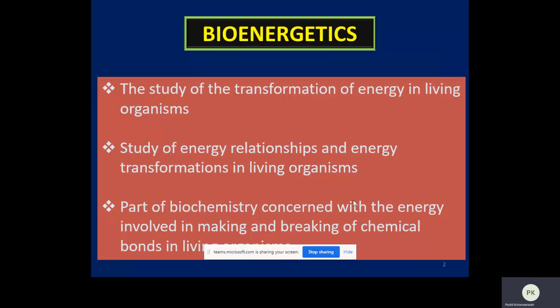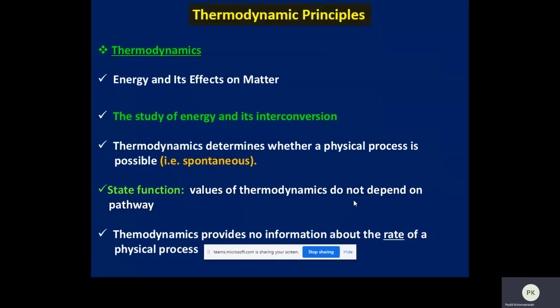But it doesn't say how fast the rate of reaction is. Thermodynamics can only say whether the reaction is spontaneous or non-spontaneous, but it does not say anything about the rate of the process.